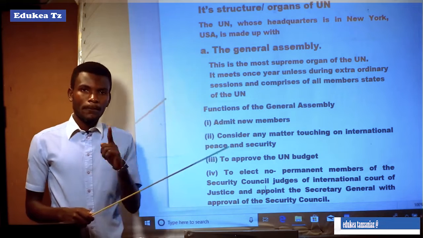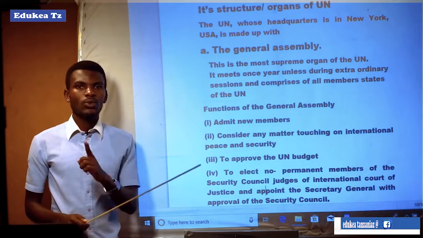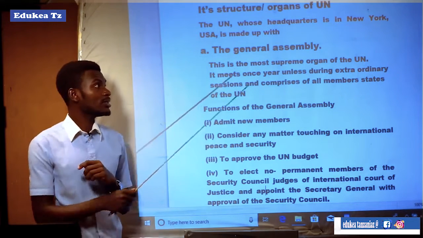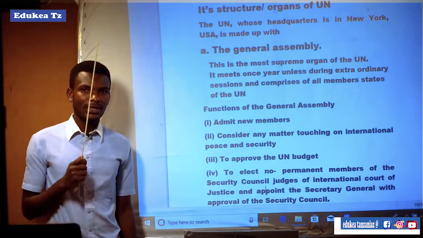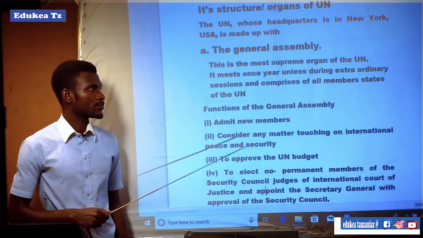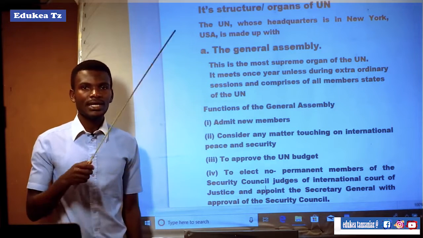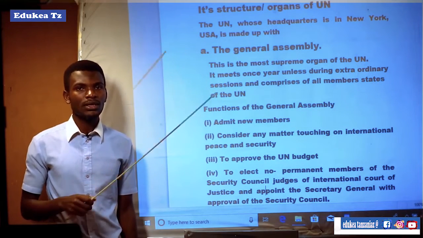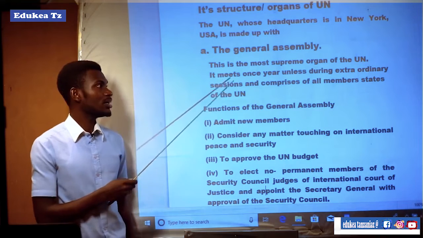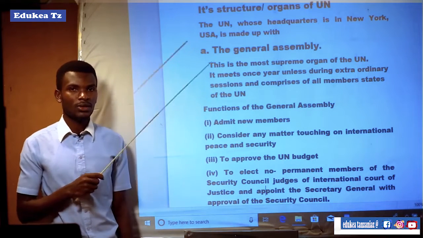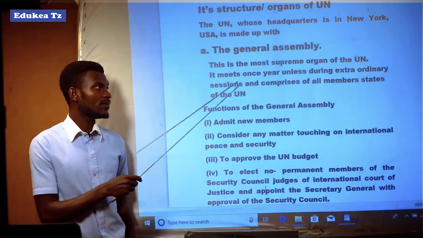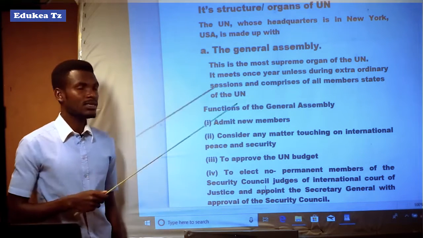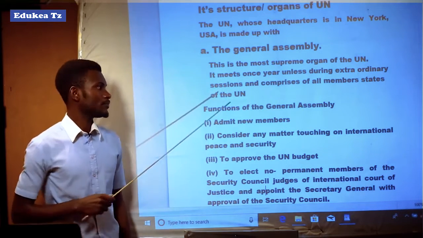It means that the General Assembly meets once per year, unless there is any emergency that needs a meeting of the General Assembly. But if there is no need, it meets once per year.